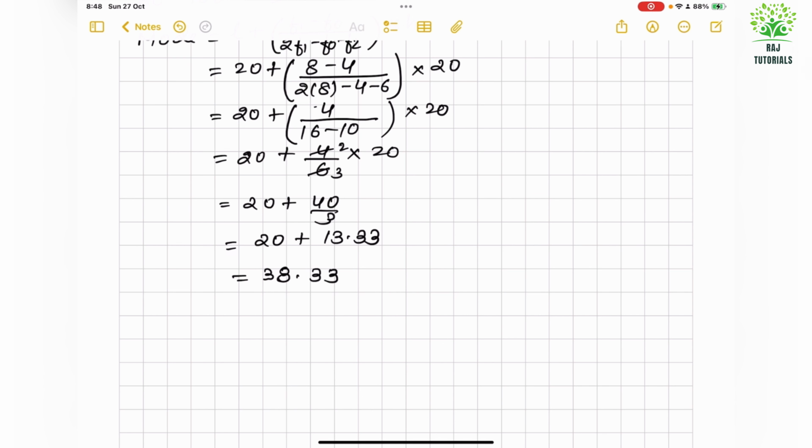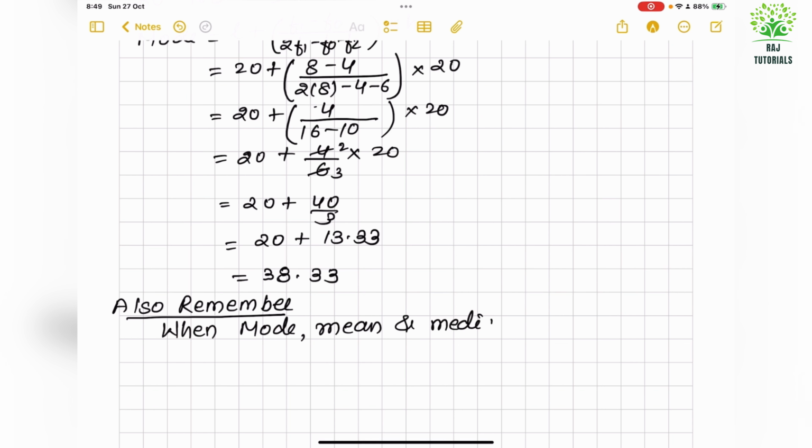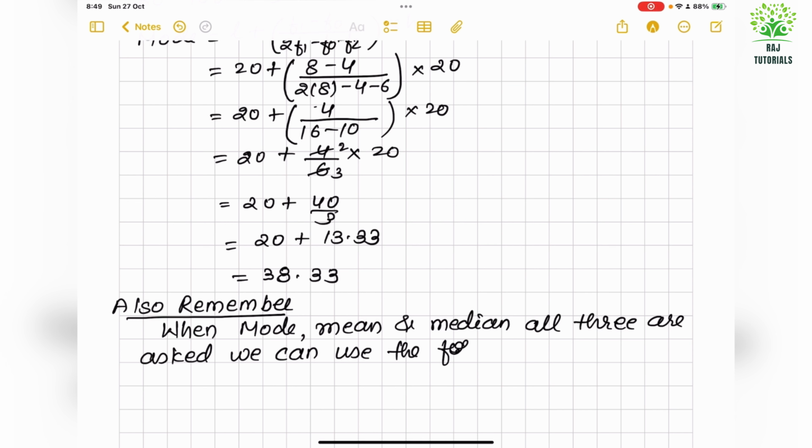Now also remember one more formula. Also remember, when mode, mean and median all three are asked, we can use the formula 3 median equal to mode plus 2 mean.